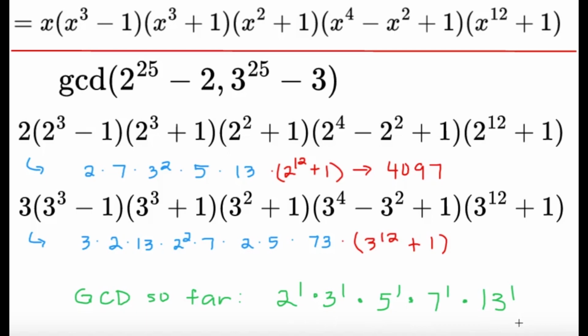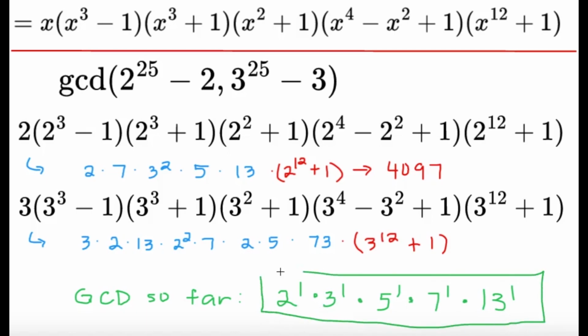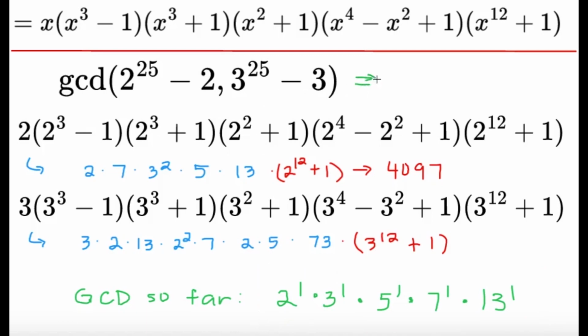And it can be concluded from here that this is the lower bound for our GCD, or at least for this value. So we know that this is greater than or equal to 2 raised to 1, 3 raised to 1, or just 2 times 3 times 5 times 7 times 13. And should it go more than this, it's going to increase because there is a common factor between 2 raised to 12 plus 1 and 3 raised to 12 plus 1.